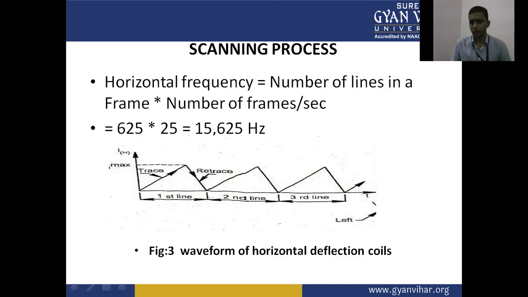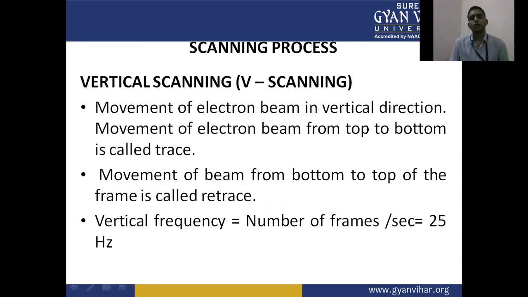Maximum horizontal current and time. Now we have vertical scanning, the movement of the electron beam in the vertical direction. Movement of the electron beam from top to bottom is called trace or V scanning.